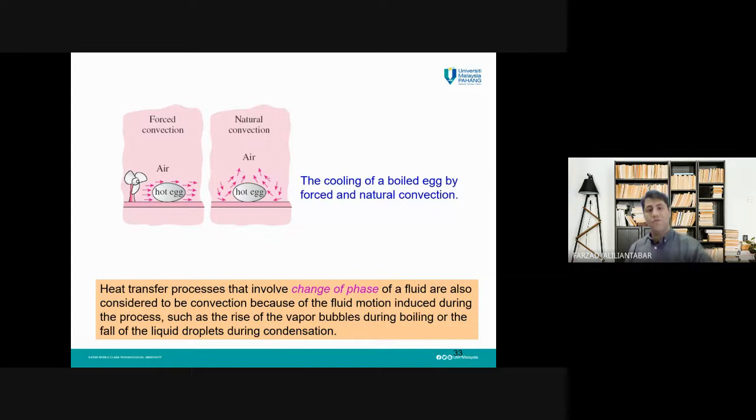Here, the air around the egg, its temperature will increase, and density will reduce because volume is increased. Then this gas will go up, and the gas which is here, whose density is higher, will come down. And this circulation always happens. This is natural convection, and we will discuss that in chapter 3.